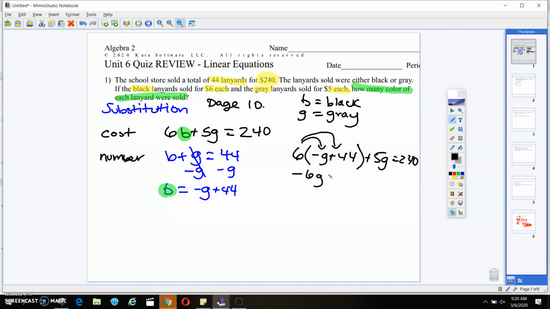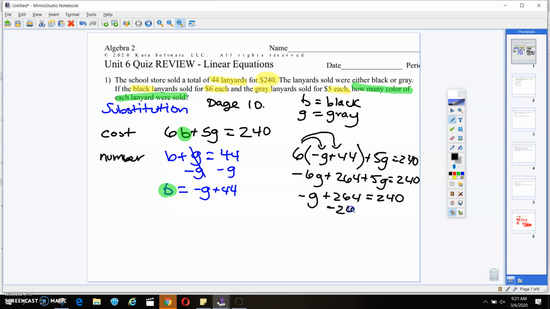What is it? 264. Okay. Plus 5G, and we're going to set that equal to 240. Okay. So now we're going to combine like terms. So negative 6G plus 5G is going to give me negative 1G. Plus 264 equals 240.